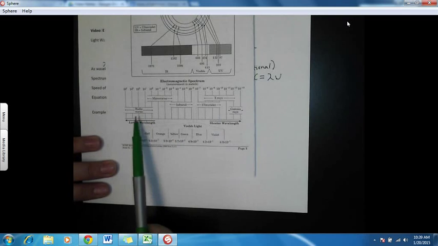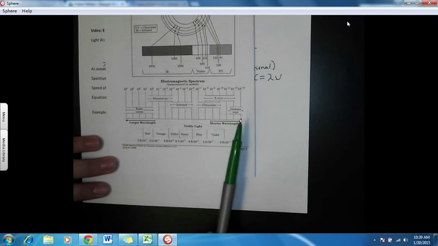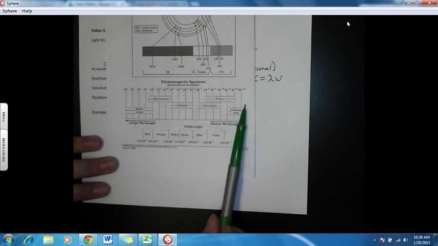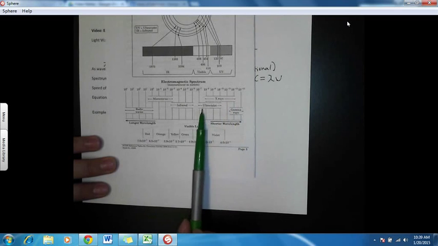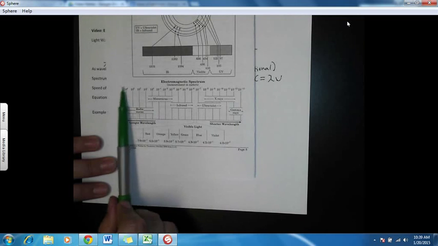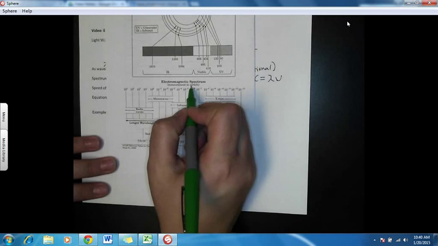If we look here, we'll find gamma rays have very short wavelengths, 10 to the minus 13. That's very, very small. Then we have X-rays, ultraviolet, infrared, microwaves, and radio waves, radio waves being very large, 10 to the 4th. And these are measured in meters.